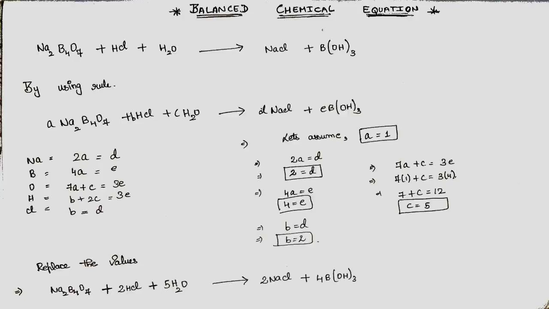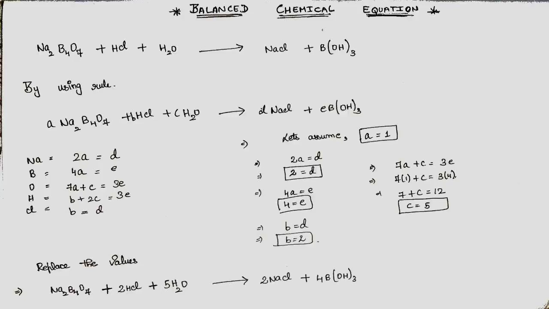As the third point, list out the elements, and if we compare the reactant side and the product side for Na, we have 2A equals D, that is, in the reactant side 2A moles and in the product side D moles of Na.